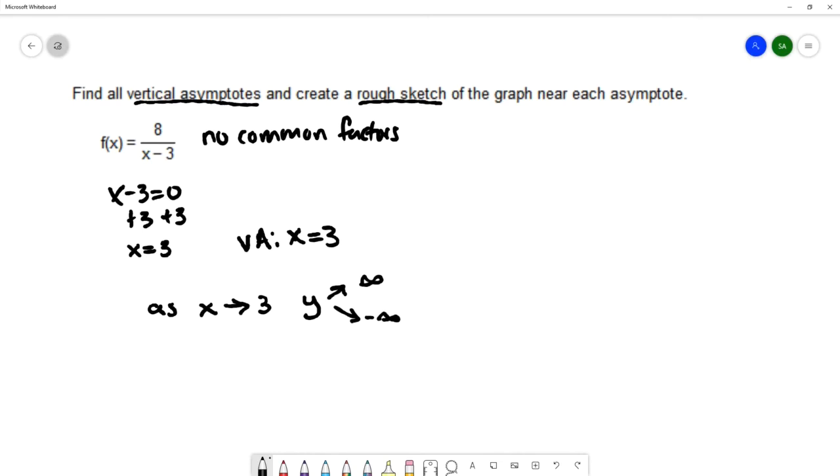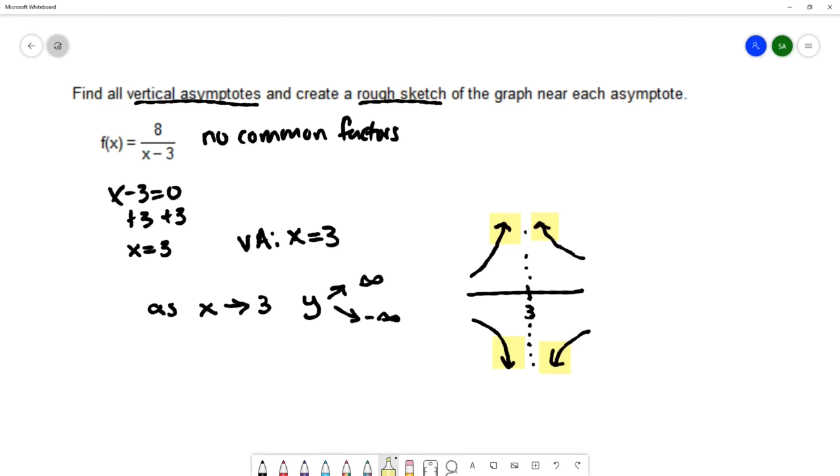So what I know is that at that location of 3, I'm going to use a little dashed line to represent where the vertical asymptote is, the y will either approach infinity or negative infinity on the right-hand side, or it will approach infinity or negative infinity on the left-hand side. We have to figure out which one it is.